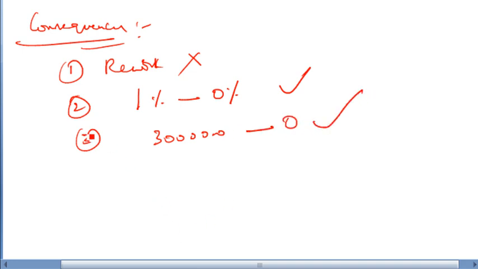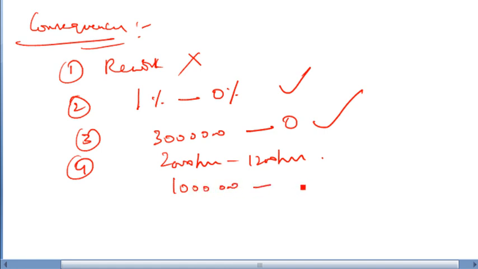This is also good. The next one he has told in the question: with the introduction of the new facility, time required for inspection at the assembly line would reduce from 2000 hours to 1200 hours, and cost of inspection at the assembly line would reduce from 10 lakhs to 6 lakhs per annum. This is good.